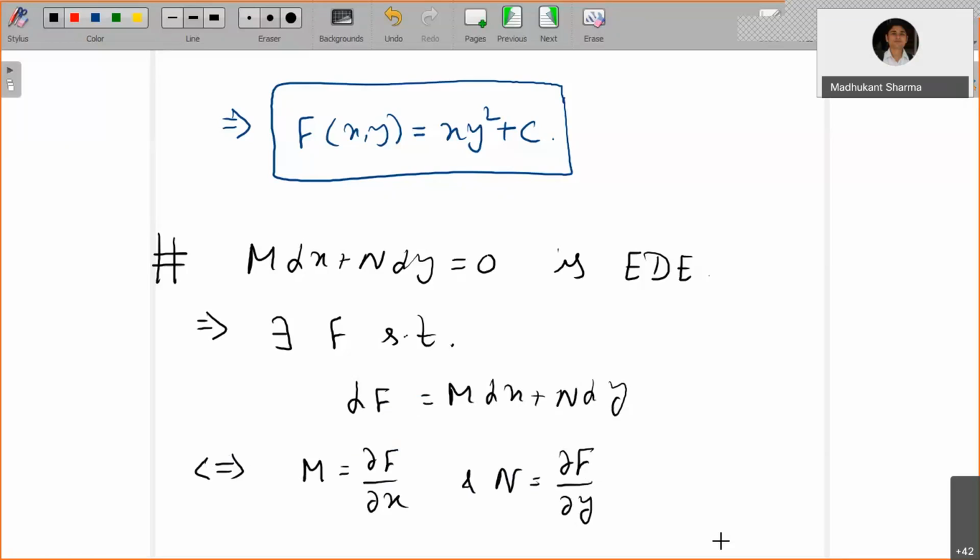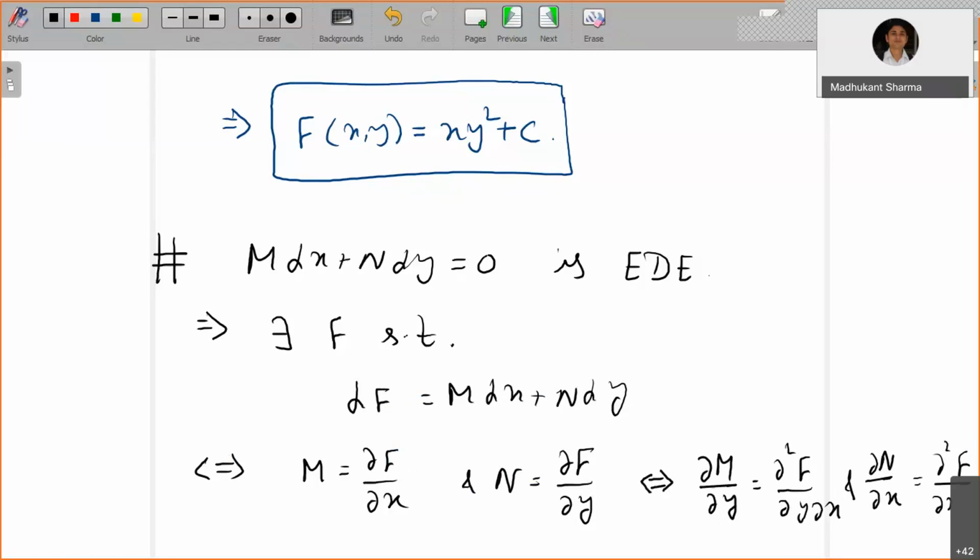Okay, now see, when you differentiate, I want to have an equivalent criterion. Okay, so this is true, I'm writing here, if and only if something will happen. So ∂M/∂y equals ∂²F/∂y∂x, and ∂N/∂x equals ∂²F/∂x∂y.